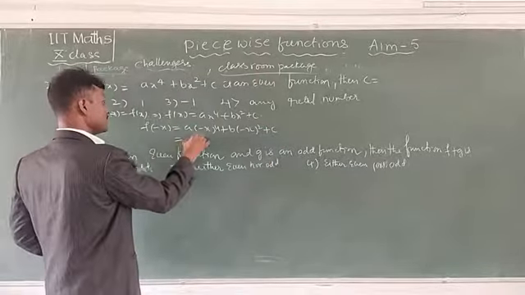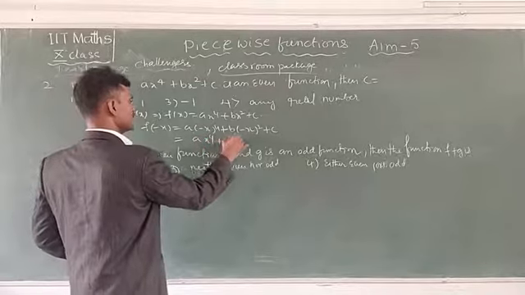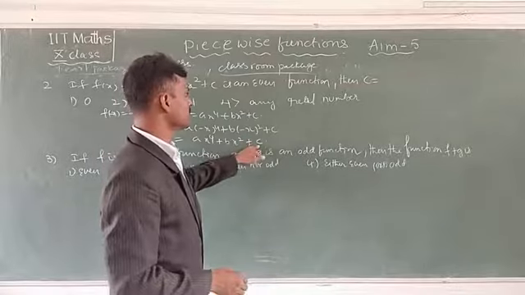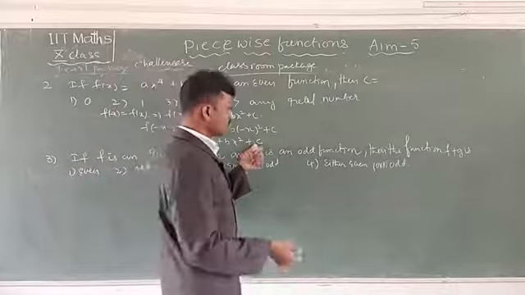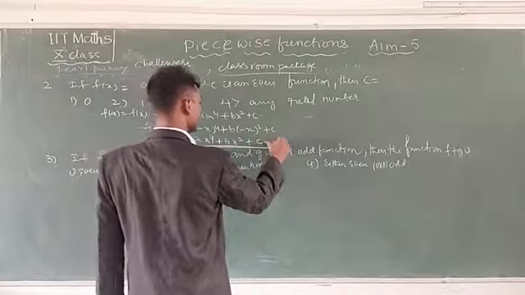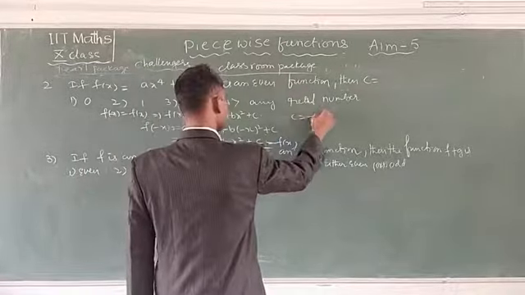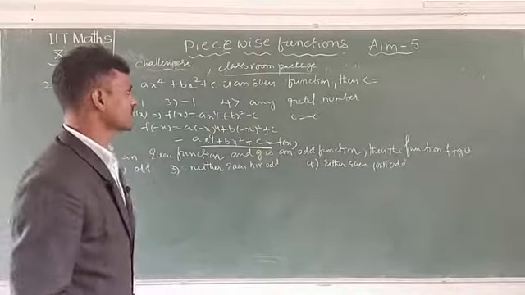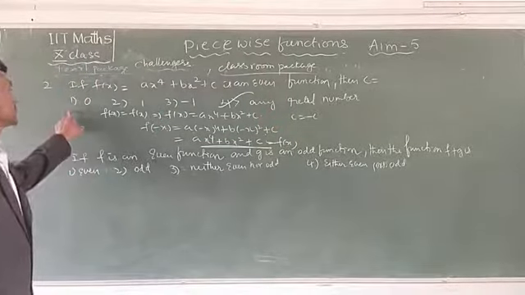Now you can write here a into x to the power 4, even number means plus, here even number means plus, here c. Okay, see here. Now what about this c? Here you can take any number also. This is also an even function. Why? Because this is again f of x. Suppose you have to write here negative, c is equal to minus c, then here also minus c, again c, f of x will come. That's why you can write here any real number. Understand clearly? Okay, note down this one.